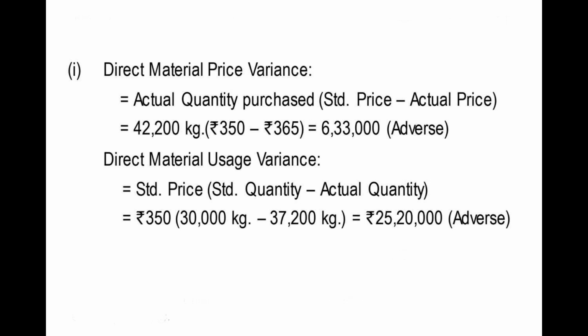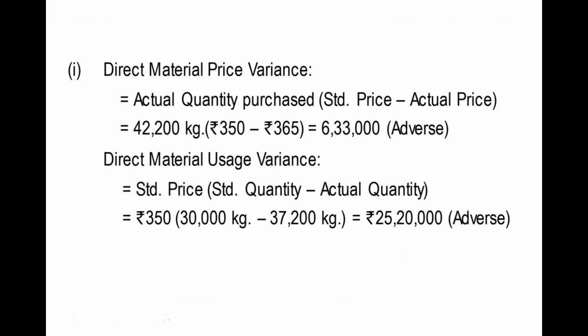Update 30,000 kgs minus the actual quantity, which is 37,200. The standard quantity is 30,000, but we are consuming more by 7,200. So we add 30,000 plus 7,200. The resulting figure is the actual quantity, 37,200, the actual quantity consumed. So deduct 37,200 minus 30,000.